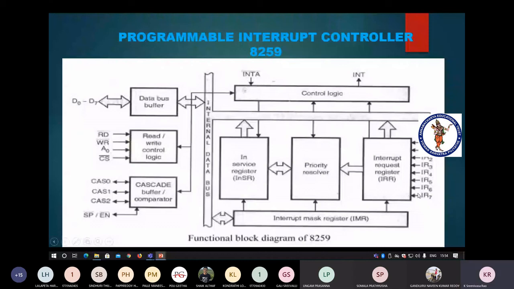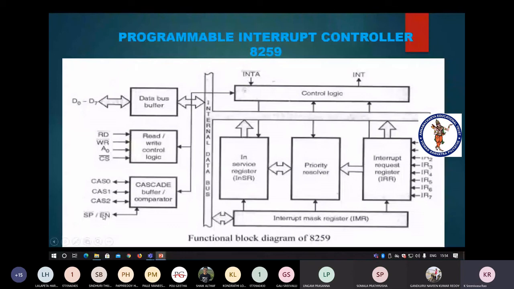But with the help of this cascade block, we can accommodate a maximum of 64 devices. There are 3 cascade lines, CSA0, CSA1, CSA2. So there are 3 bits.